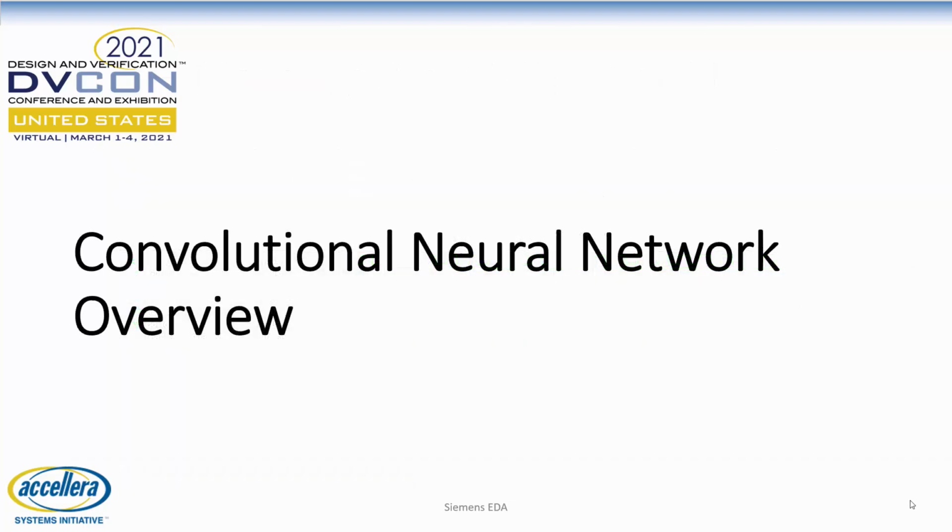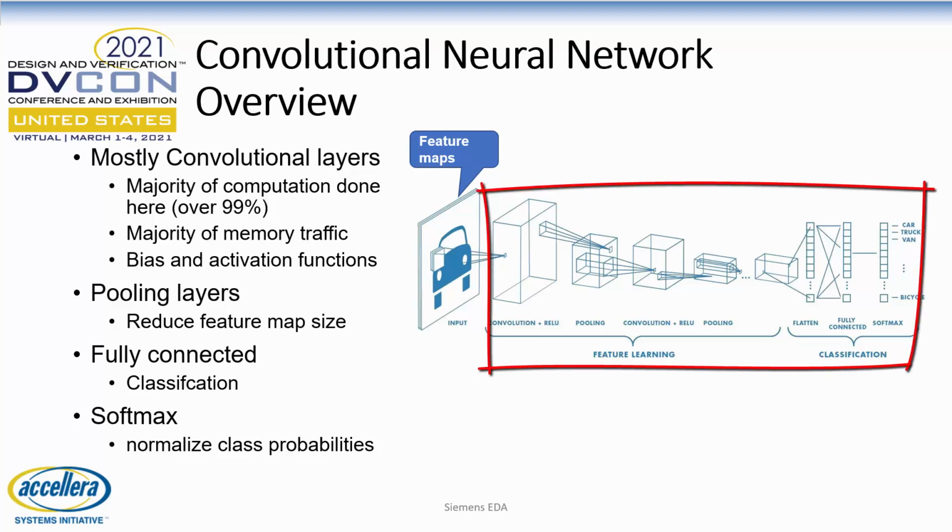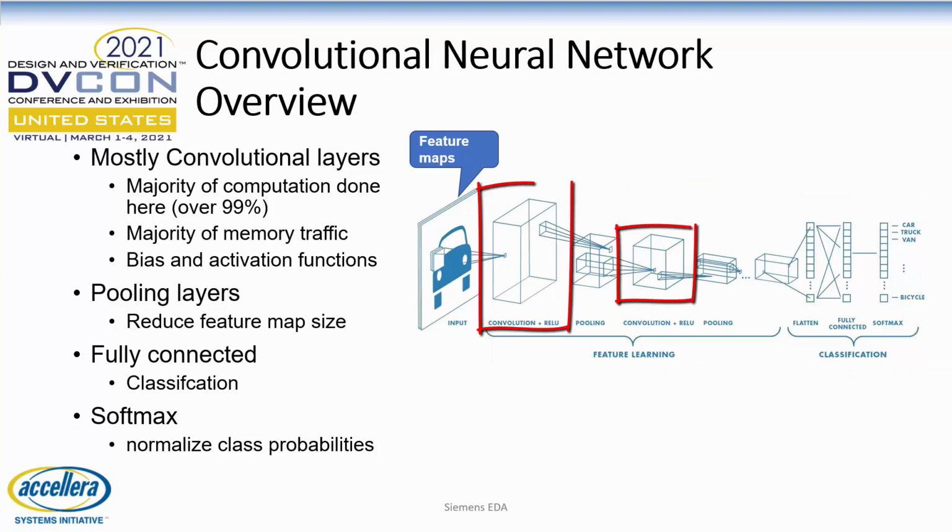The next section provides a brief overview of convolutional neural networks. A convolutional neural network is an algorithm that is used to perform object classification and/or detection. Convolutional neural networks are made up of multiple layers, and most of the layers are convolutional layers.